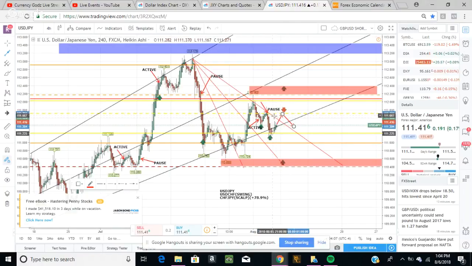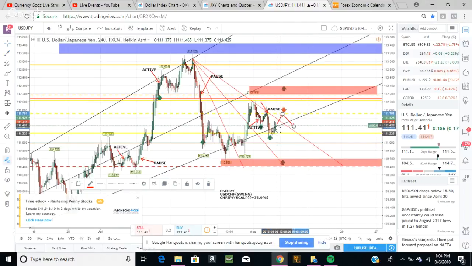But this red channel, this red line, is telling me that once the market comes outside of that red line, that's ending that short-term bullish momentum. Okay, so what I'll be waiting to do is two things. I can counter trend trade this, or I can trade the direction.